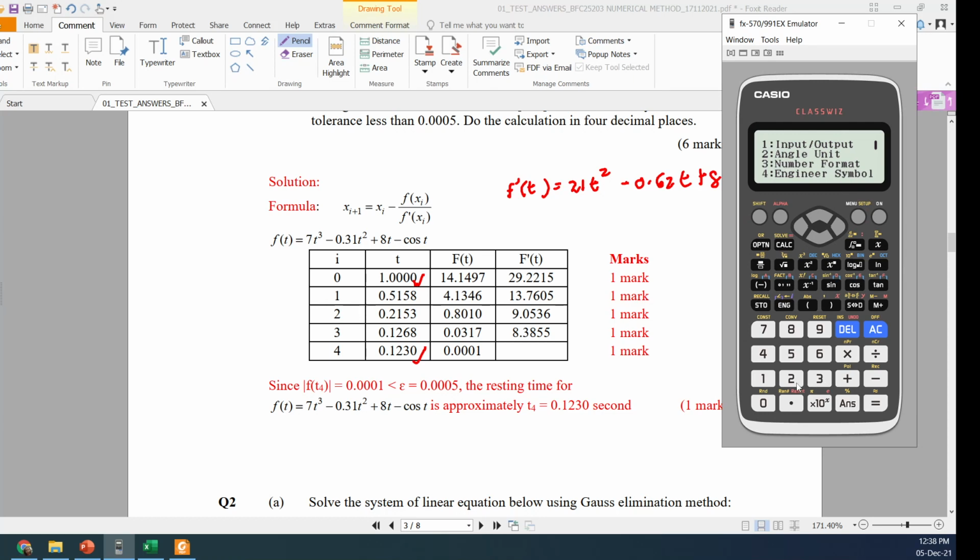Angle unit, I always advise you to set up in radian. Always set it in radian. Because like this one, if you have a trigo, you forgot to change in radian, then the result is wrong. So everything gone. So at most I think I give you 3 marks only.